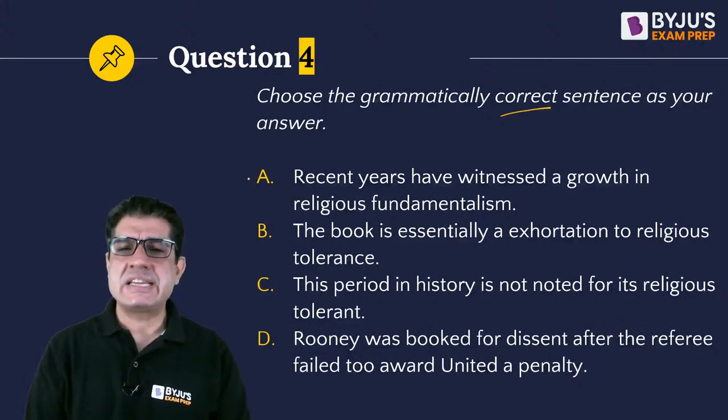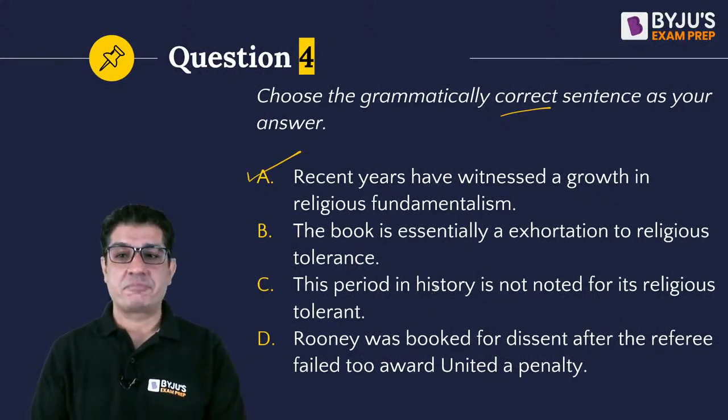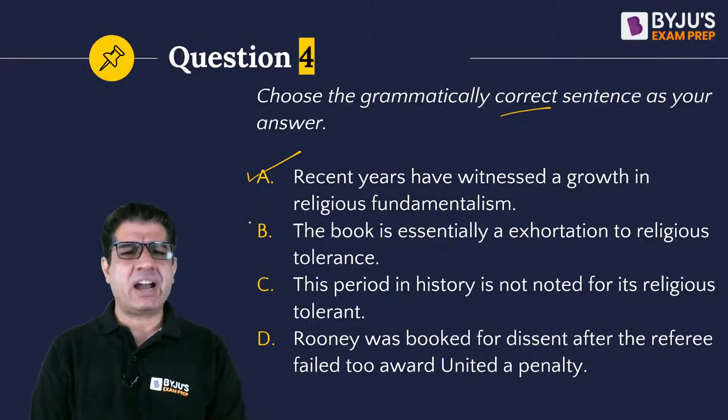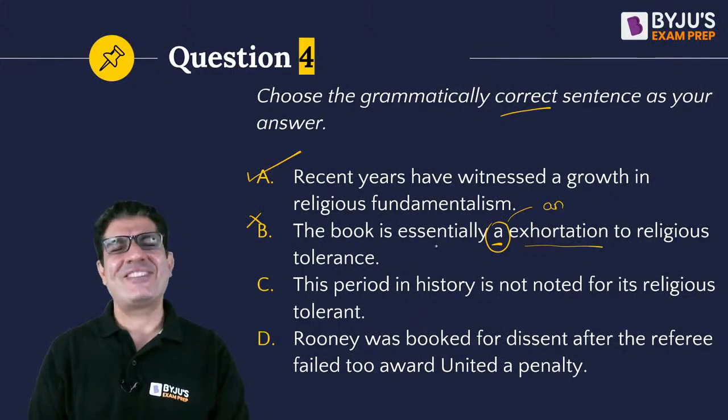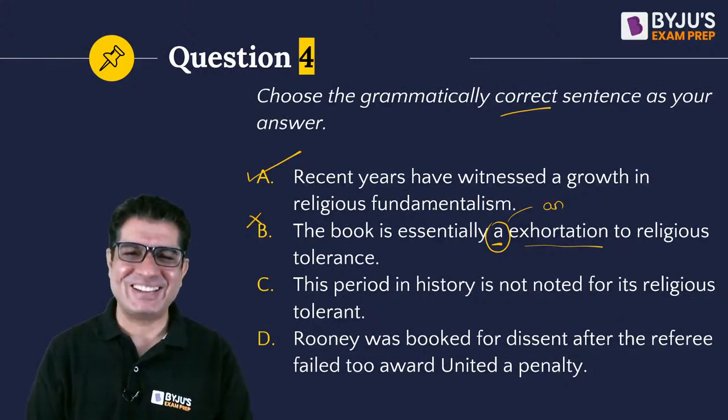So the grammatically correct sentence is indeed sentence A, as a lot of us have figured out. B, I thought, has an easy error. Remember, a exhortation. Don't you think it should be an exhortation? A versus an is something that we all know, right?